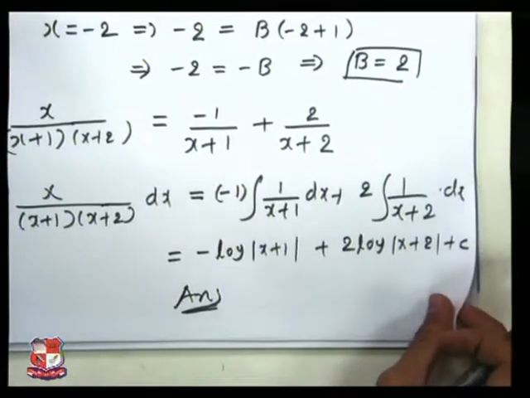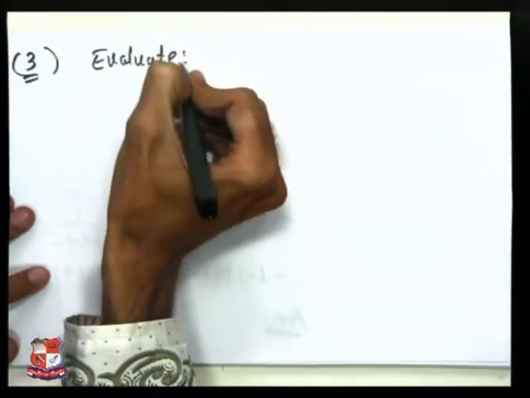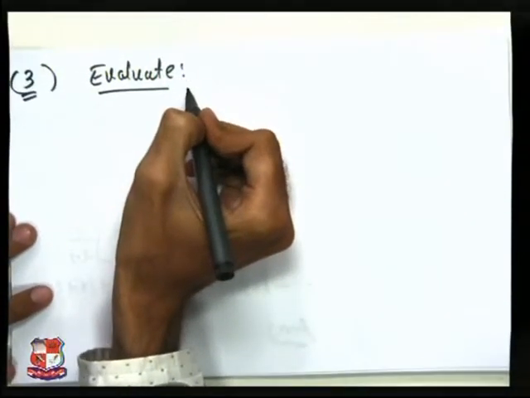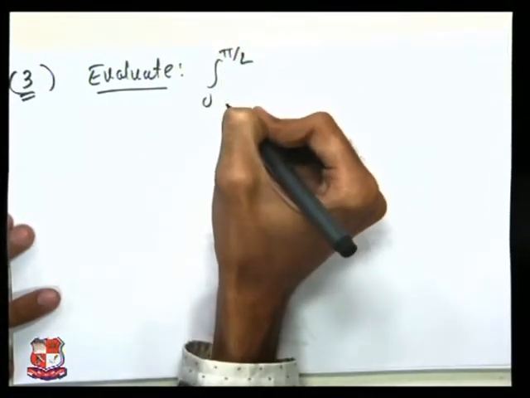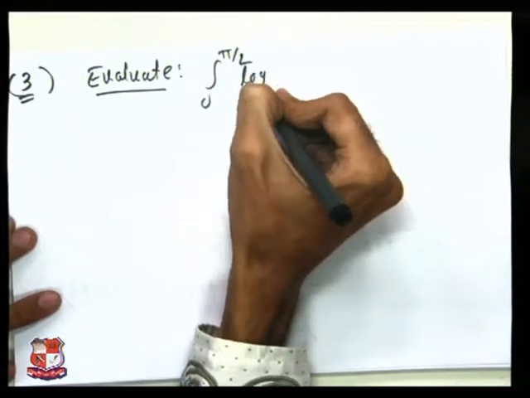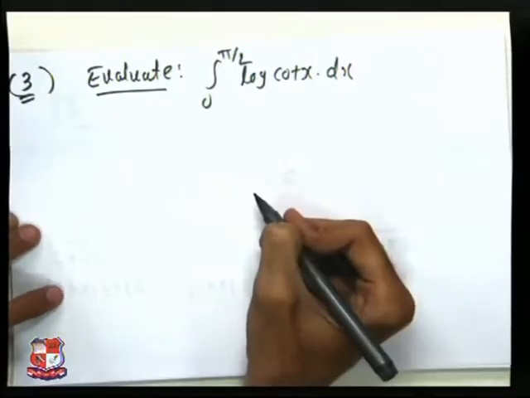Now let us solve the third example of question number 4a. The question is, evaluate, this is from the definite integration, evaluate the integral over 0 to pi by 2 of log cot x dx.